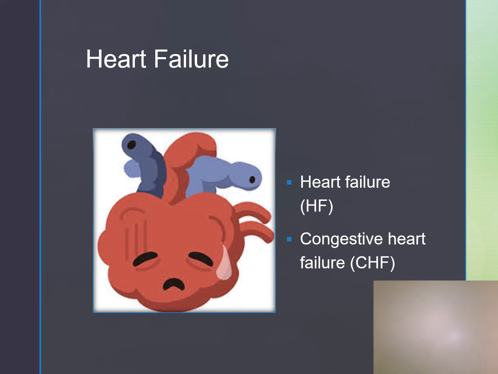So if a client has an elevated BNP, then we're pretty certain that they have a congestive heart failure going on. But the higher the BNP, the worse or more severe the congestive heart failure is.